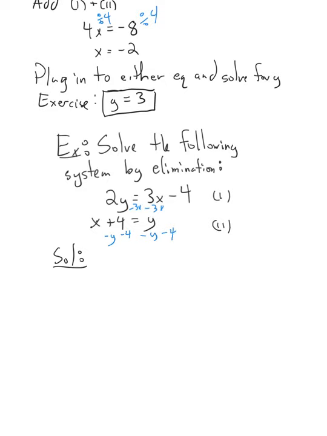So getting these in the same form, I'll put the x's first just to be consistent, so it's kind of easy to see. So I have minus 3x plus 2y equals minus 4. That's equation 1. I just rearranged it. And the second one, I'm going to get x minus y equals minus 4. Great.